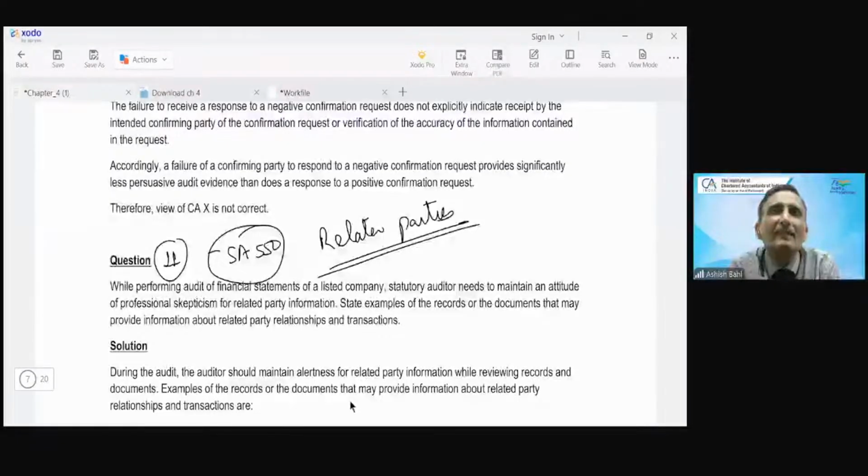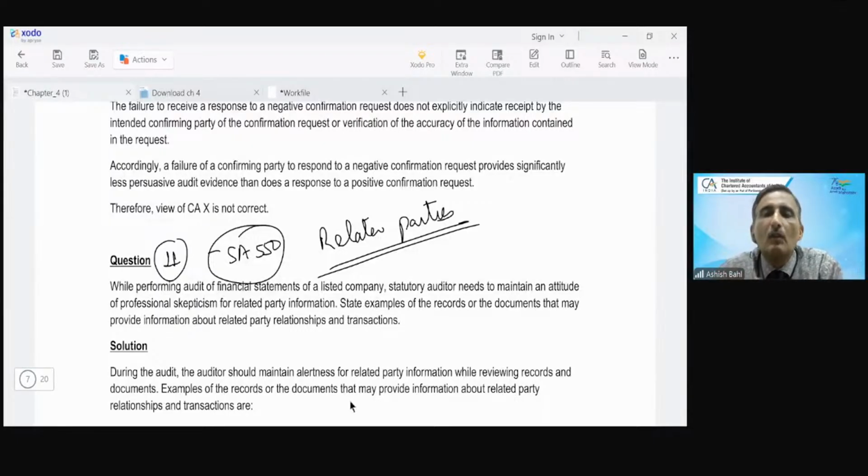But the point is, since this is a fraud prone area, due care has to be taken by the auditor while checking transactions with the related parties. This is the basic point you have to understand, because these transactions may be entered into without actual transactions happening.